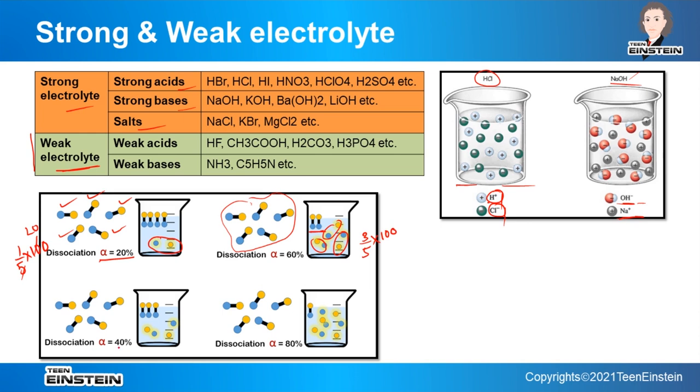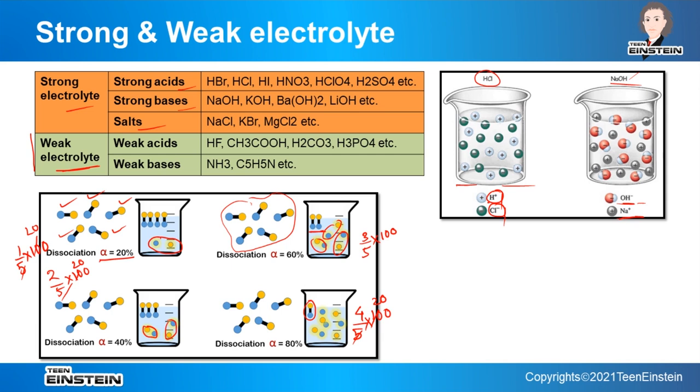In the third case, only 2 molecules are dissociated, so 2 out of 5, it will be 40%. And in the last case, out of 5, 4 molecules are dissociated, only 1 is undissociated. That means the degree of dissociation is 4 by 5 into 100, so it is 80%.